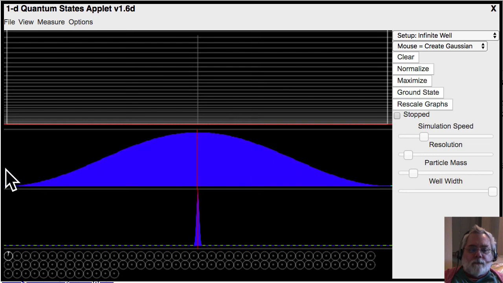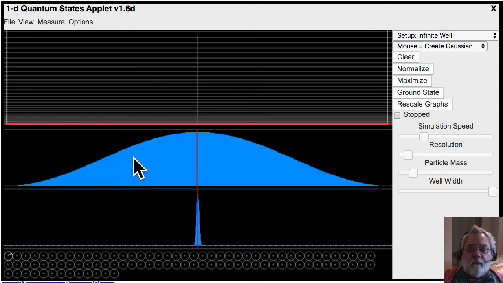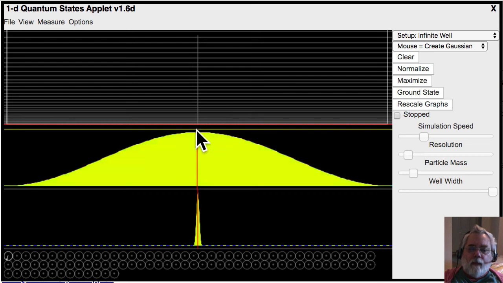Now, this second section here, I currently have it showing us the probability density. So that's this curve. And you see that the color is changing. That's the phase. Phase is getting mapped to colors. I'll change this a little later and show you different things. The red line here is showing the expected value of position.